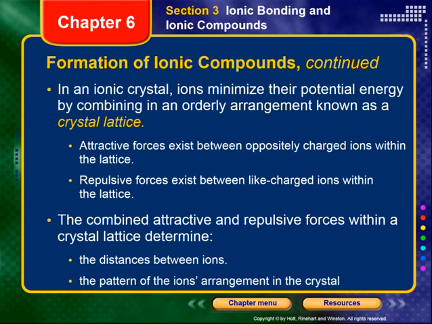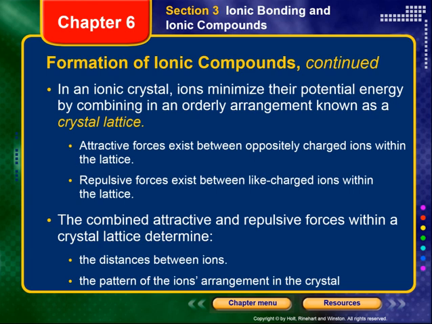In an ionic crystal, after that formula unit has formed, ions will minimize their potential energy, and we just saw examples of calcium and chloride, sodium and chloride, magnesium and oxide. Those ions will minimize their potential energy by combining in an orderly arrangement known as a crystal lattice.